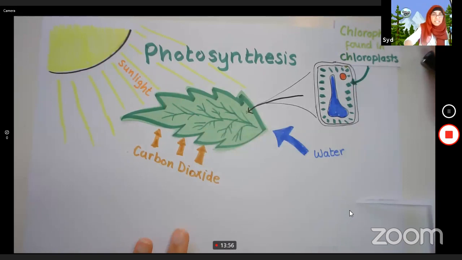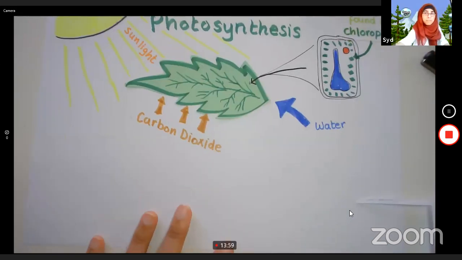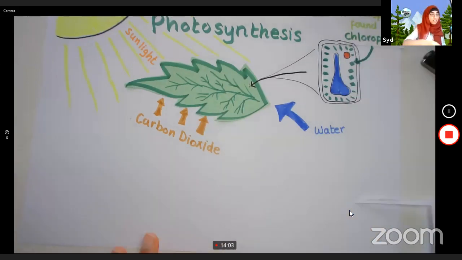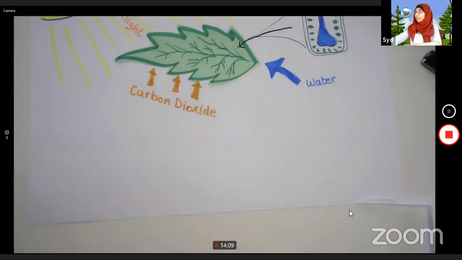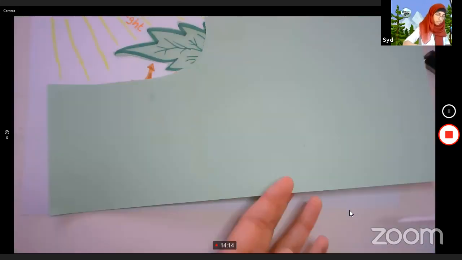So we're going to write here the equation for photosynthesis. Down here, I'm going to cut a big green length of paper because I'm going to write down the equation on there.